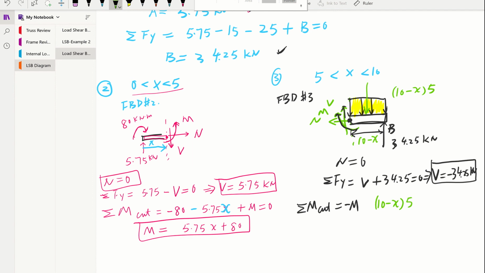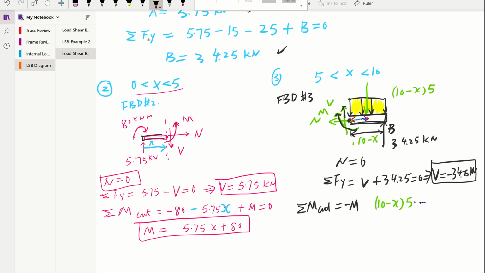What's the moment arm? This is where we cut. The moment arm for this will be this distance. That will be half, right?